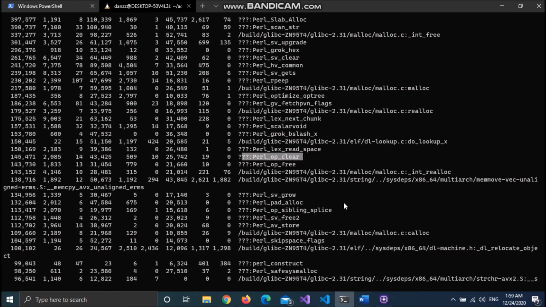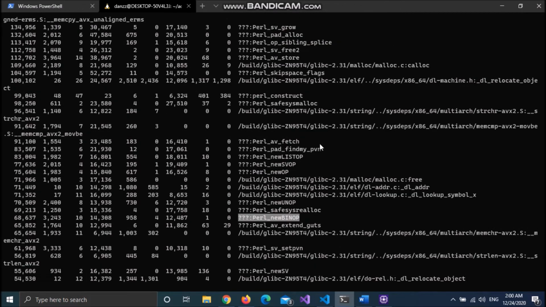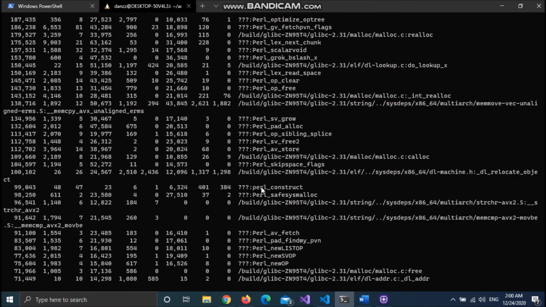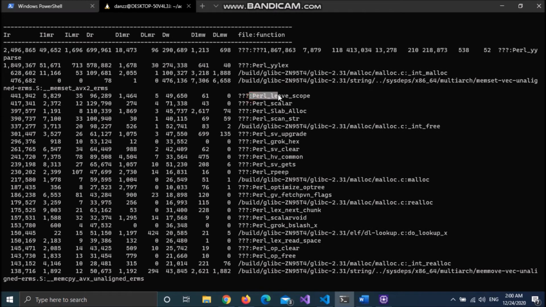I was going through this file, and I saw that about 85% of these functions are Perl construct and Perl save sys malloc. These are all related to the cryptographic function I have used in the program, that is scrypt, and to the main header files and libraries that the scrypt function uses.